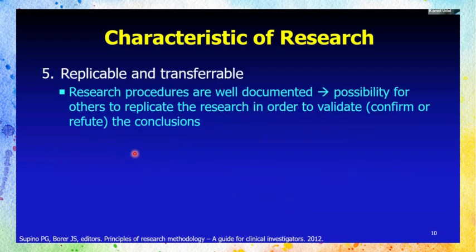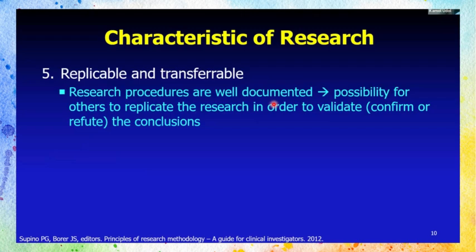The fifth characteristic is that research must be replicable and transferable. Research procedures should be well documented in detail. For example, we have a research protocol, which gives details about the research process.